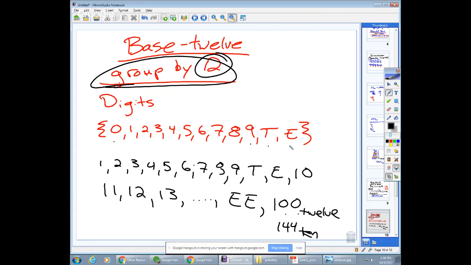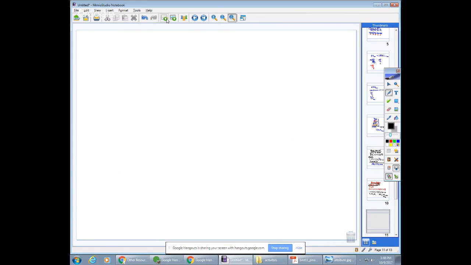So for example, let's just give an example. Suppose I saw the number ET3 in base 12. And I want to figure out what the heck does that mean in base 10? All I have to do is be able to name the place values. So the 3 is in what place value? The 1. So I have 3 1s, and the T is in which place value?